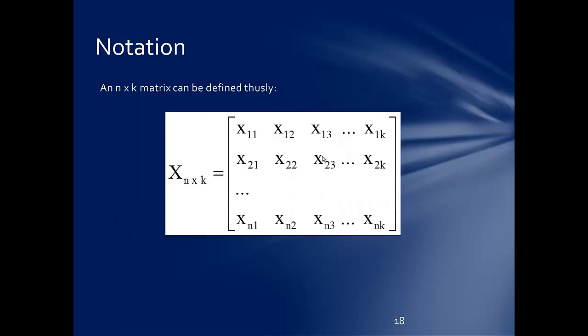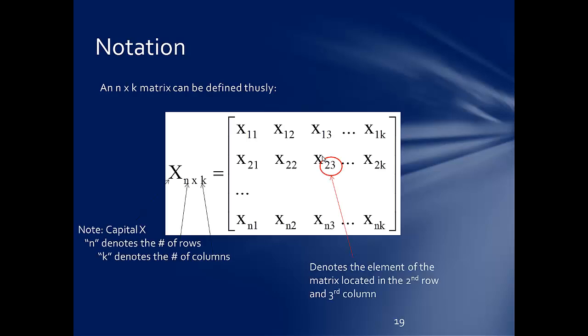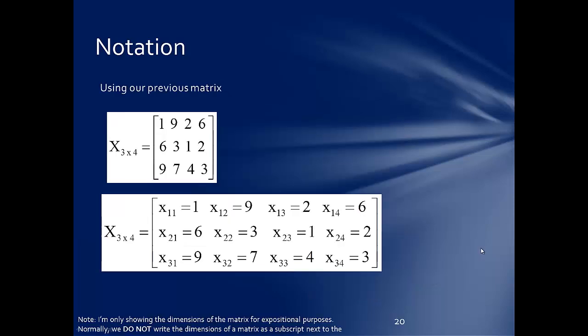So typical matrix notation can be presented thusly. If we have an X matrix that is n by k, so it has n rows and k columns, we can identify this element x23 because it is in the second row and third column. Using our previous matrix then, our 3 by 4 matrix, we can define each element.